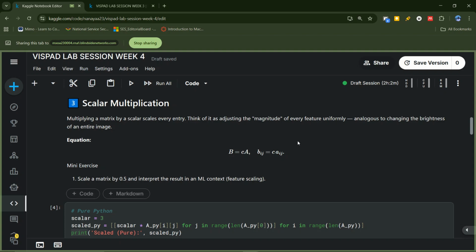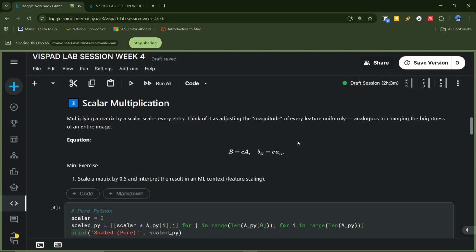If we say scales, we are just saying it changes the number by a factor of something. Think of it as adjusting the magnitude of each feature uniformly, analogous to changing the brightness of an entire image. That is what we mean by scaling.